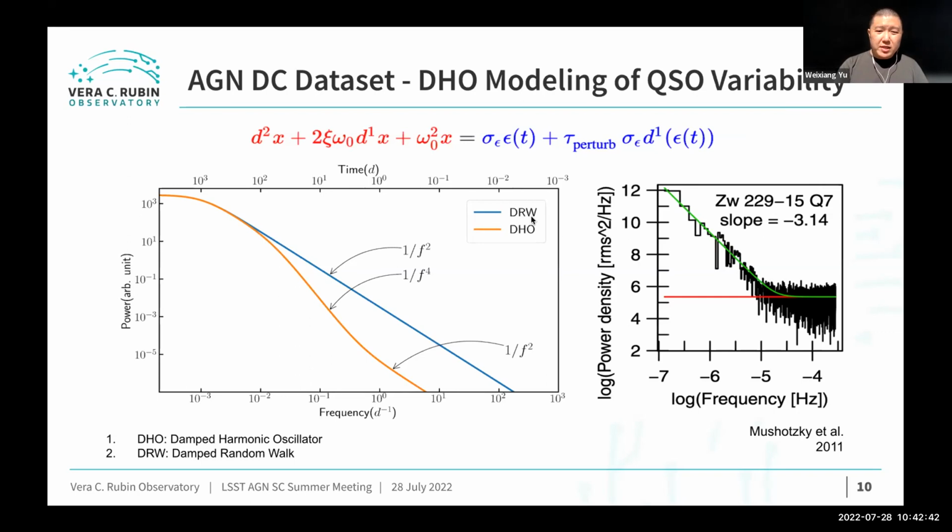On the left, you can see the power spectral density of a DRW model follows a fixed shape, which has a slope of -2, and that of a DHO can go steeper than that. This flexibility directly resolves the discrepancy between a DRW description of AGN variability and the observed steeper slope of Kepler AGN light curves at higher frequency.